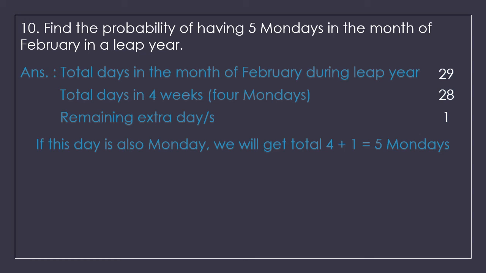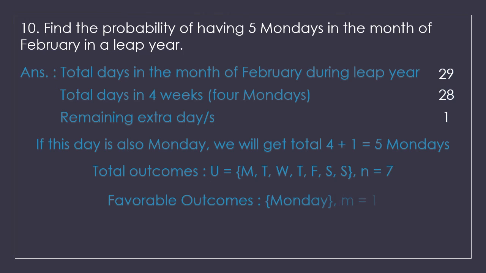But this extra one day can be any of Monday, Tuesday, Wednesday, Thursday, Friday, Saturday and Sunday. That means the total number of different options for this one day is 7. But we don't need all of them. We just need one outcome, that is Monday.